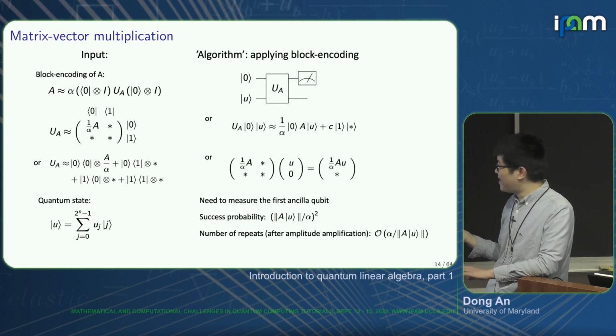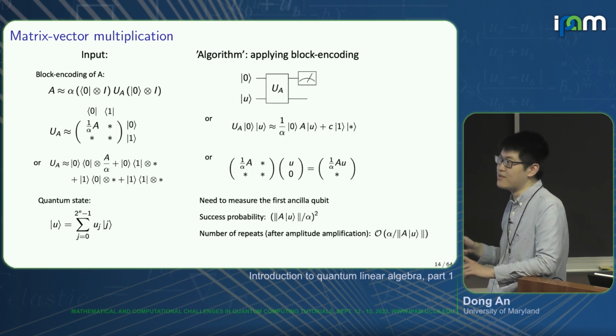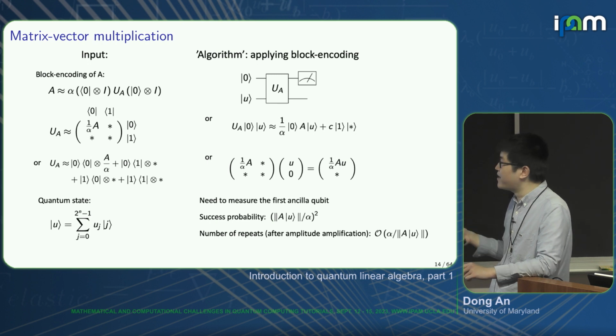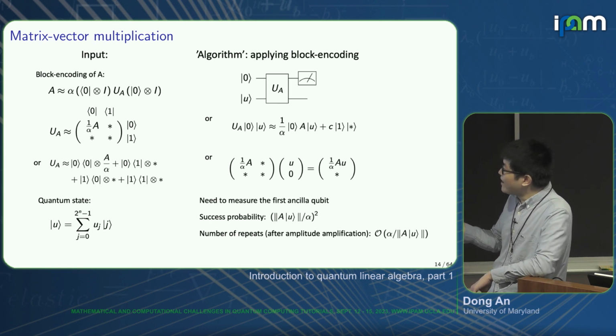If you're not familiar with the circuit, that should be fine. The circuit is just a picture describing the operations on the corresponding qubits or on the corresponding subspace. We have a |0> as the ancilla qubit, which corresponds to this part, and we have a |u> which corresponds to the system part.